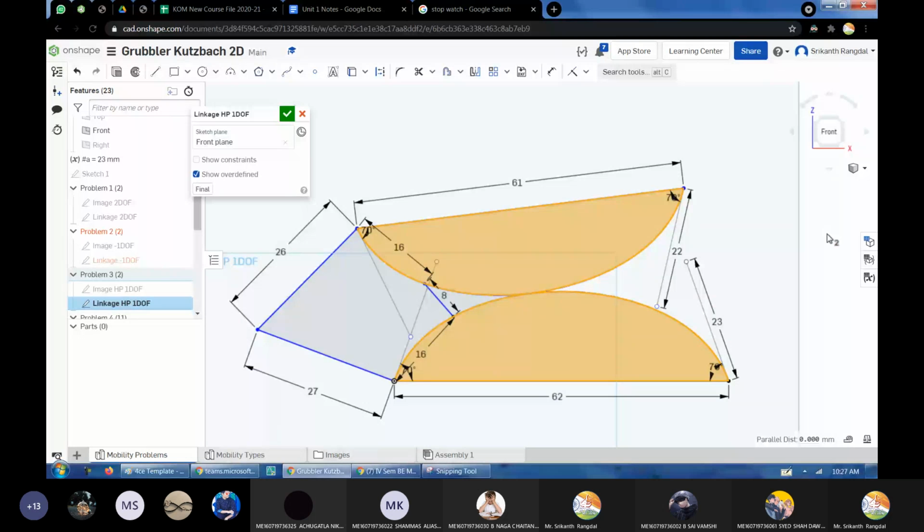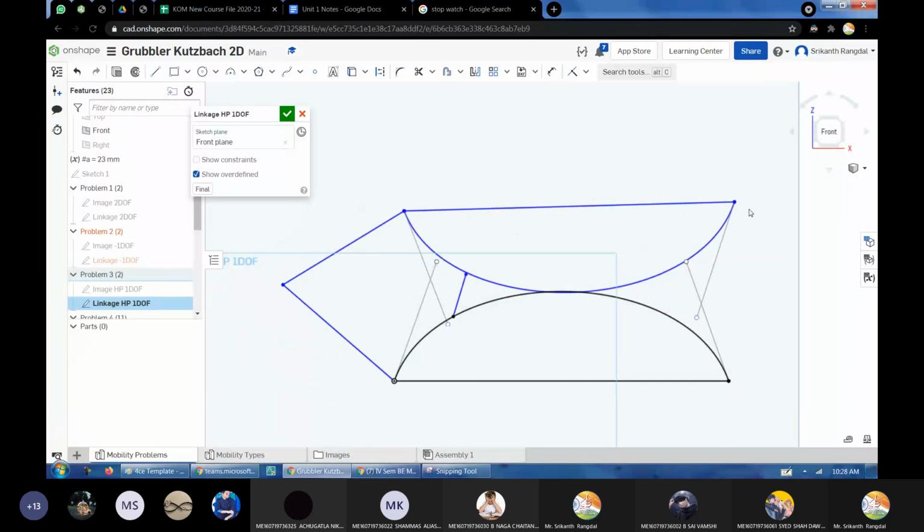Fine. So number of links 5, number of binary joints 5, and number of half joints only one. Substitute this in the mobility equation and you will get the mobility for this mechanism.